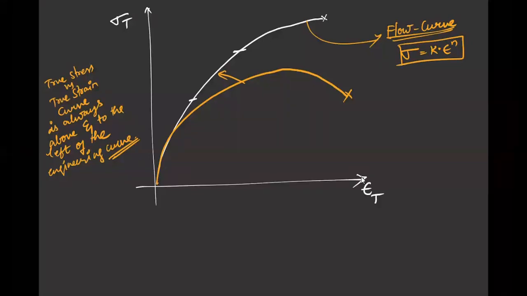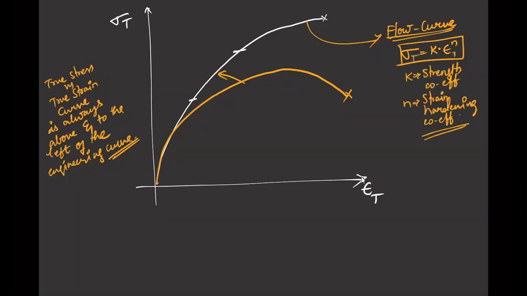Now what are this k and n? So k is my strength coefficient and n is the strain hardening coefficient. Okay, you know these are the true values actually.